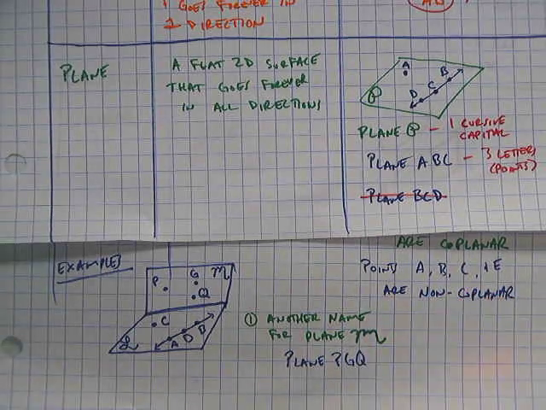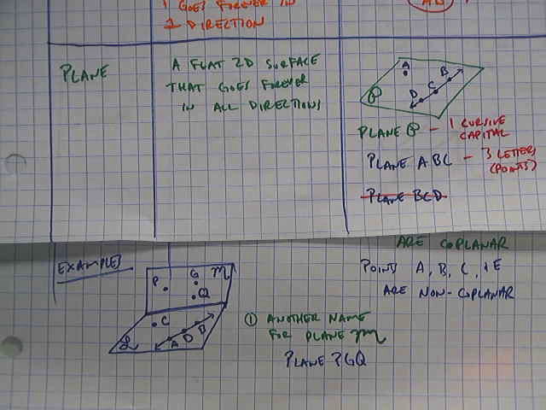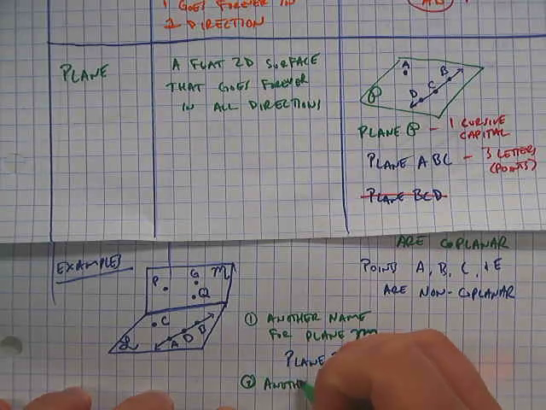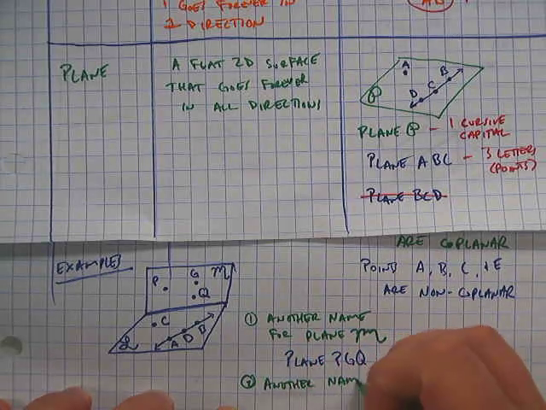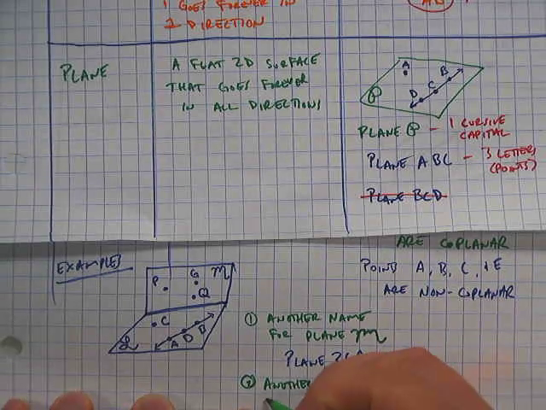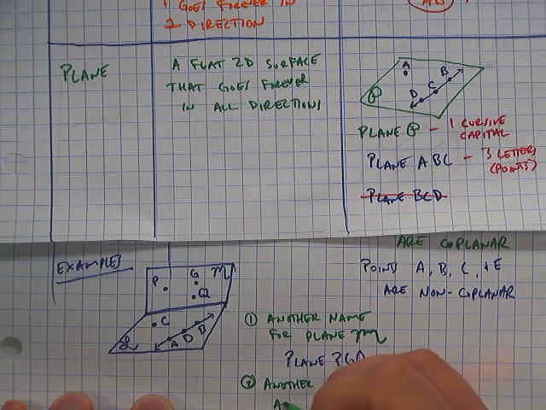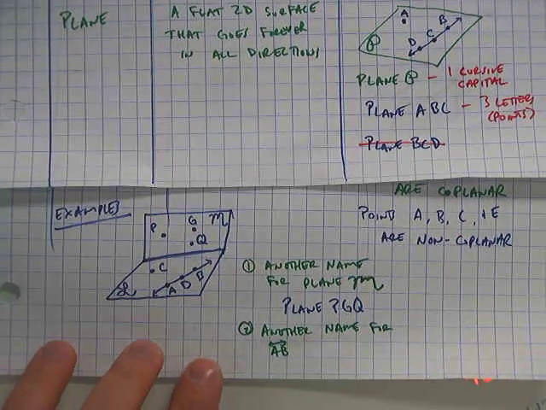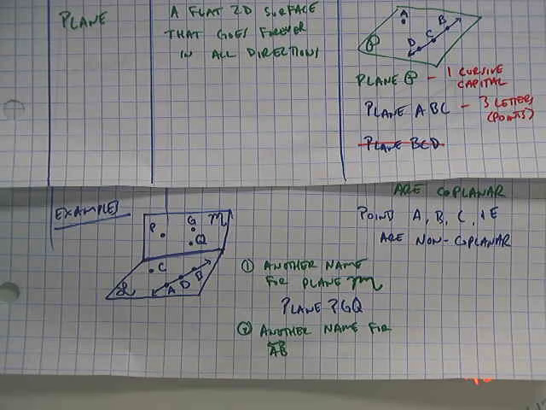So if we look back at our notes for how to name planes, we see that planes can be named by a cursive letter. Well, we already did that one. It's plane M. Or by 3 points that are in that plane. So in this case, we have P, G, and Q in that plane. So I could name this also plane PGQ if I want to. That would work.